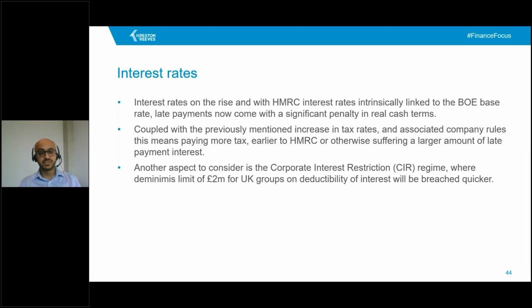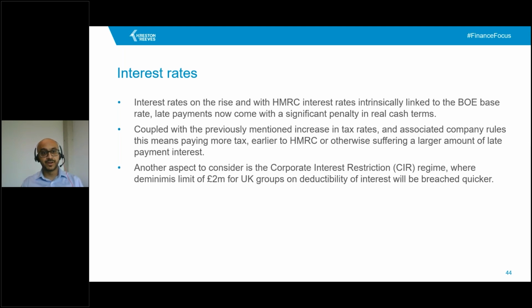Another consideration is the UK's corporate interest restriction regime, or CIR. This broadly limits the amount of tax relief you can get for deducting interest and other financing costs in the UK, either in individual companies or groups of companies.